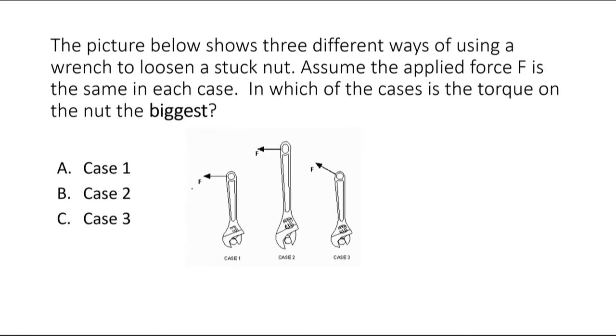And remember, sine of 90 degrees is 1. That's the maximum value of the sine function. So when you have this case where R, which is along the arm of the wrench, is exactly perpendicular to F, that's the case that gives us the greatest torque. So we would get the greatest torque in case 2 here. For those two reasons, F is perpendicular to R and R is the biggest.